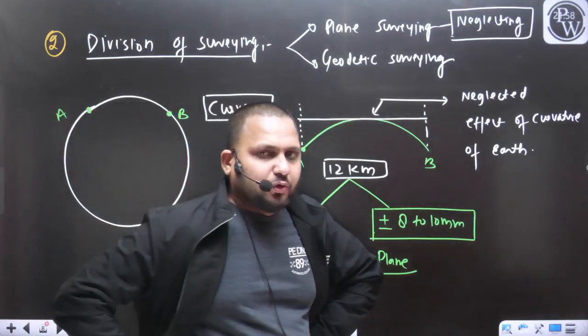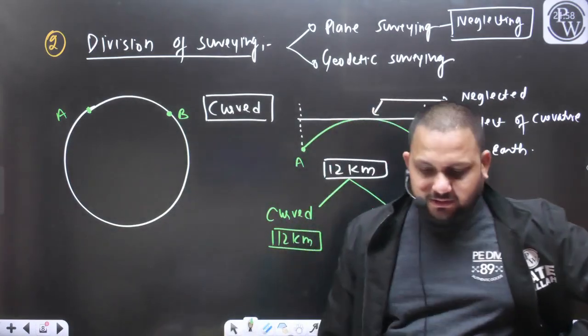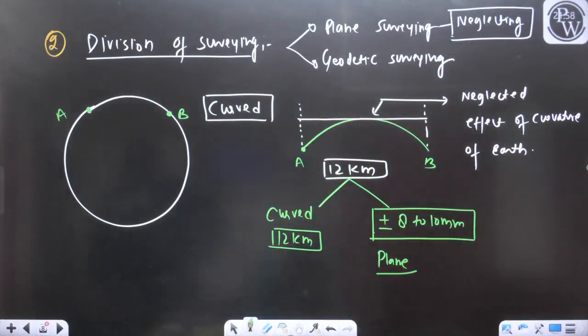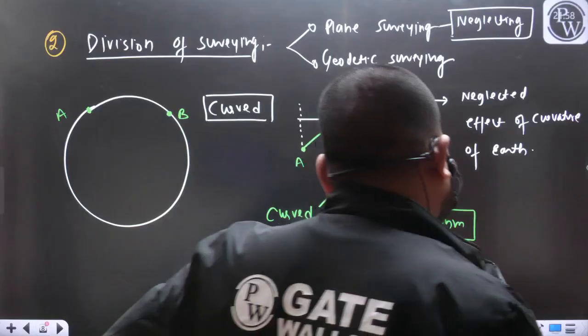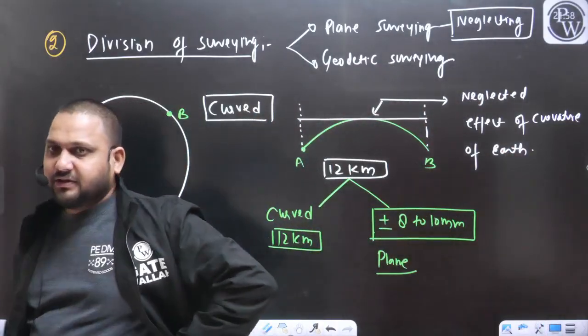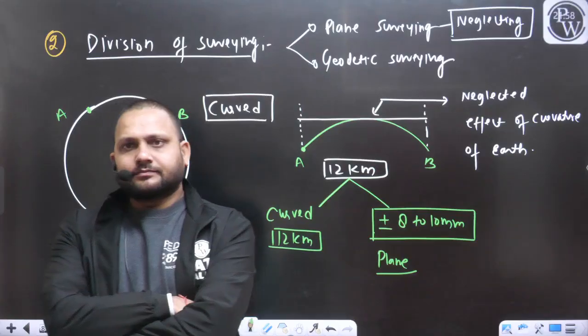We can neglect those errors. But if we are collecting the data for the large area, for the large distances, in that case, we need to consider the effect of the curvature of earth, so that we can perform the measurement along the curvature.